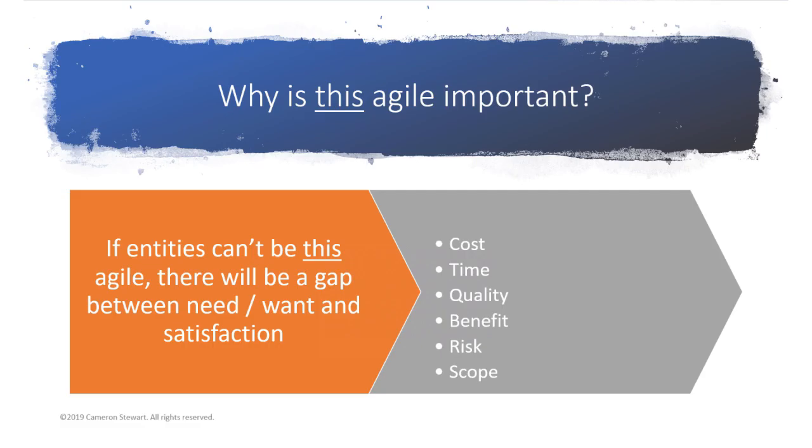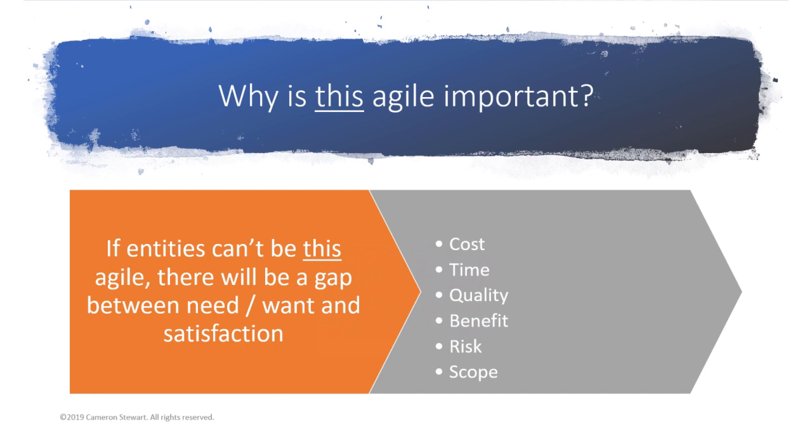But why is it important for organizations to be agile? Why is this definition of Agile important? Well, if entities can't get to grips with serving their users and the organizations and society, then there's going to be a gap between what is needed or wanted and the satisfaction of that need or want.